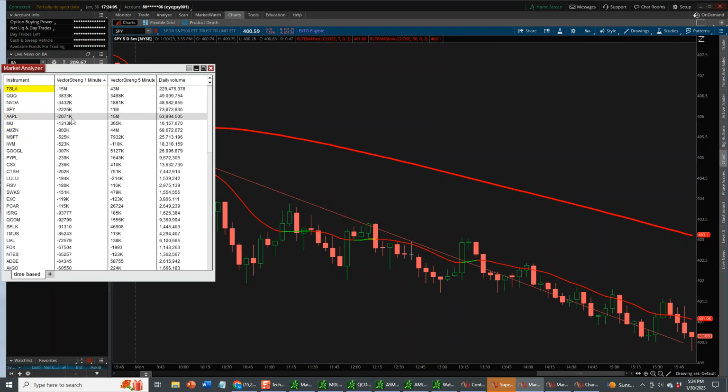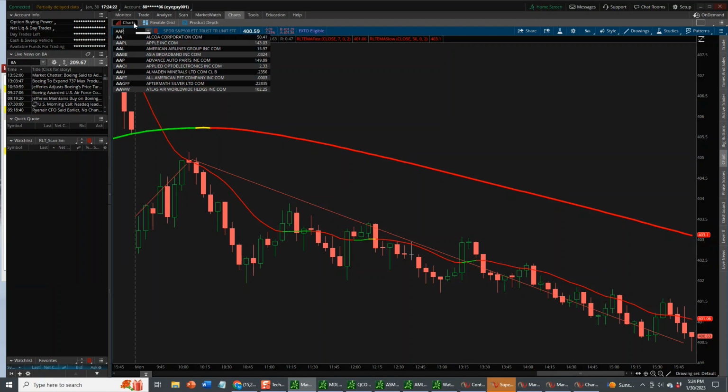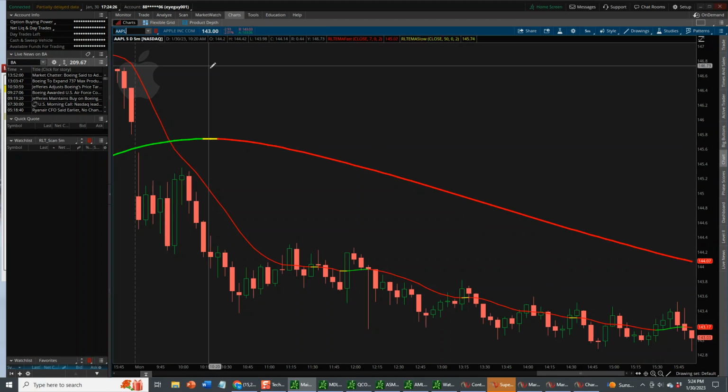And we'll just go over Apple. Tremendously strong long-term trend. Today's vector strength, negative. That number we're going to see right at the open. Down we go.